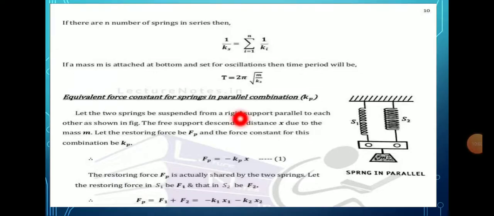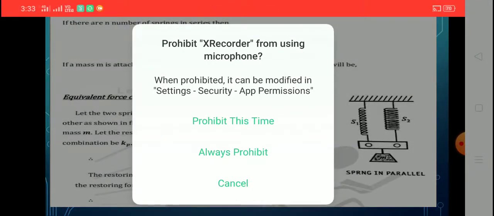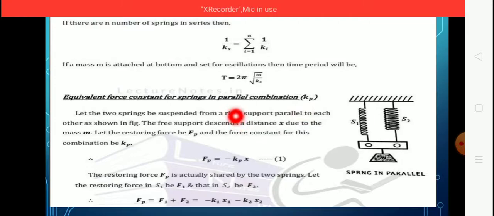In a series combination, let us consider two springs S1 and S2 having spring constants k1 and k2. x1 and x2 are the respective extensions of springs S1 and S2. Then x1 is equal to minus mg by k1 and x2 is equal to minus mg by k2.